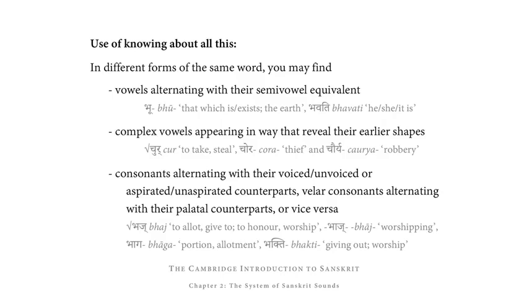So for example, if you know about the link between vowels and their semivowel equivalents, you can then easily see how words such as bhū and bhavati, meaning respectively the earth, that which exists or that which is, and he, she, it is, are related.